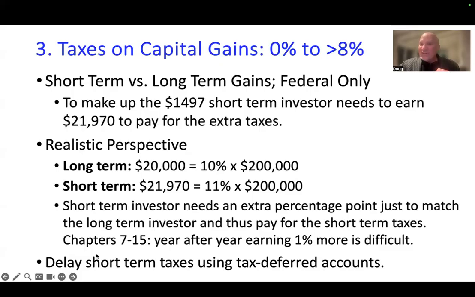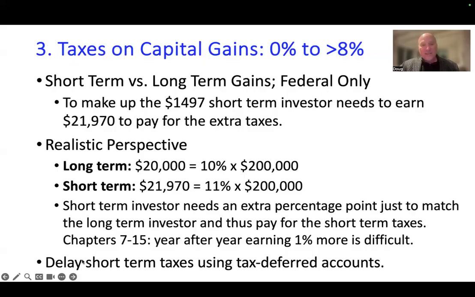But fortunately, our tax-deferred accounts, IRAs and 401(k)s, you can invest inside of those, have short-term gains, no taxes during the investing time. But when you withdraw, you're delaying those short-term gains taxes to when you withdraw the money in your retirement.